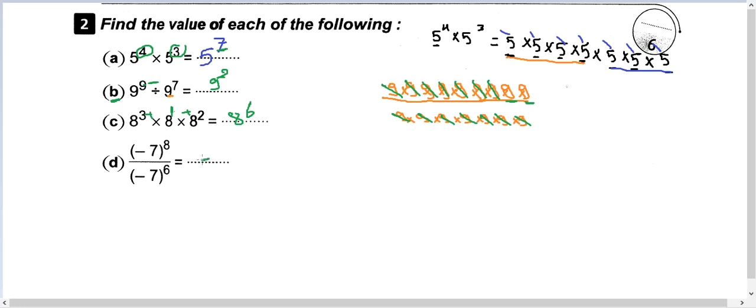We can write negative 7 to power 8 minus 6, which equals 2. What's the meaning of negative 7 to power 2? It means negative 7 times negative 7, so the result equals 49.